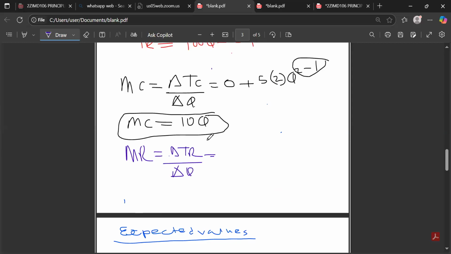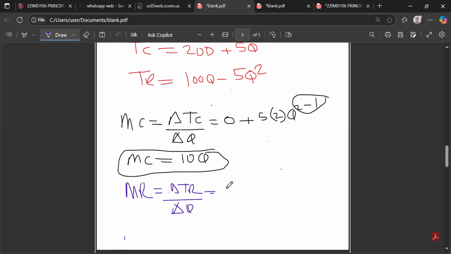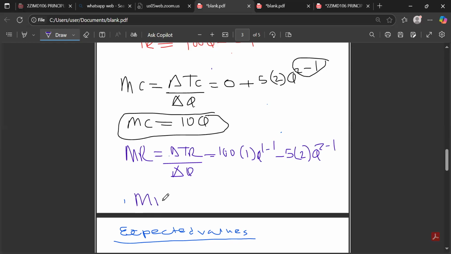So you will differentiate this one, it will just be 100, 1 drops, Q to the power 1 minus 1. Okay, minus 5, 2, then Q to the power 2 minus 1, right? So our marginal revenue gives us 100 minus 10Q, right? Are we together? Yes.